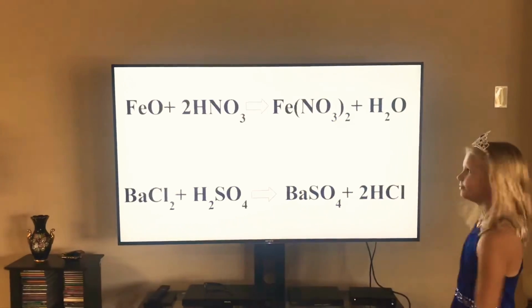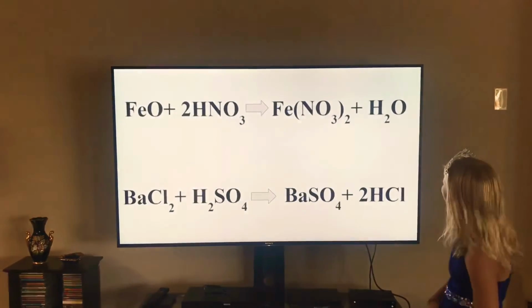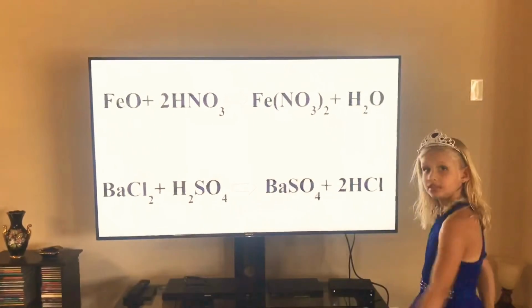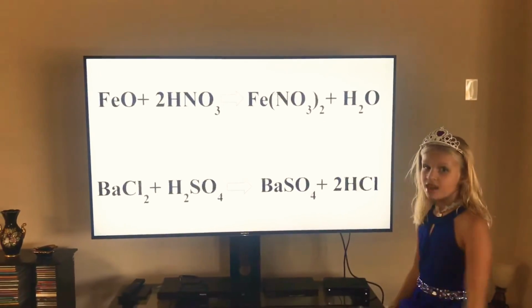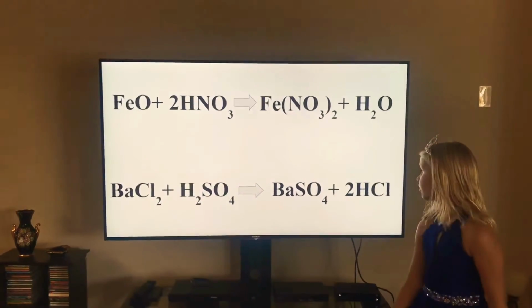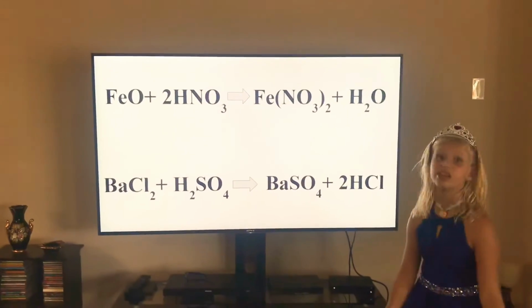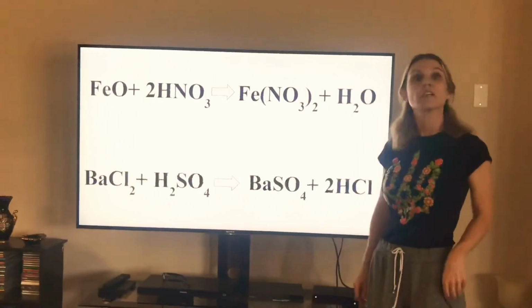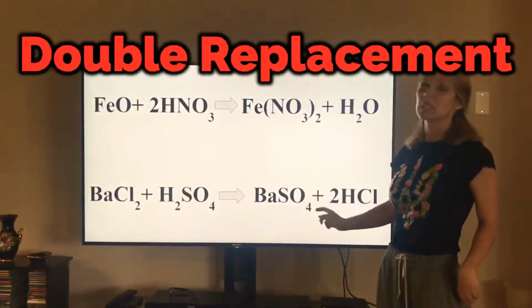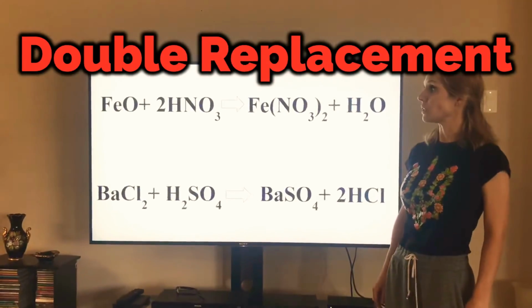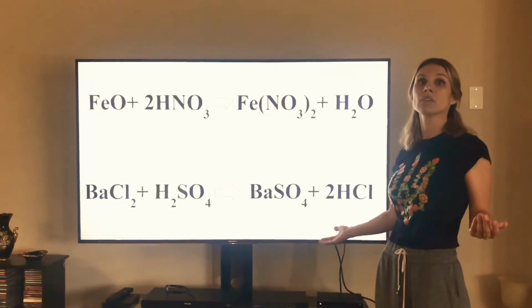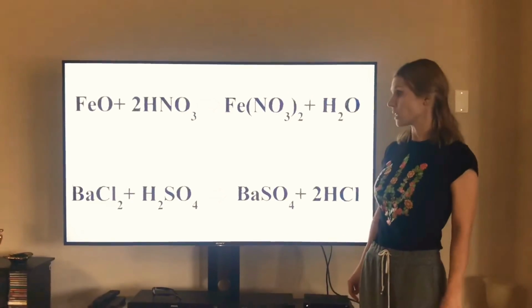I think they're both double replacements because I see a lot of things and nothing is single. I'm going to tell you this, Kira was right. Both of these things are double replacement, and this is how you know. She said she sees a lot of everything and nothing is single. She is correct.